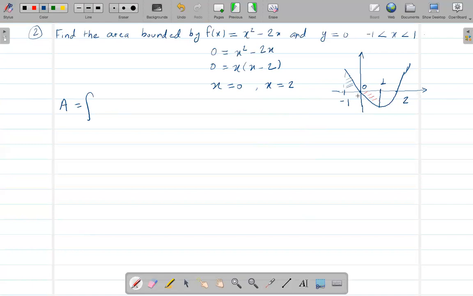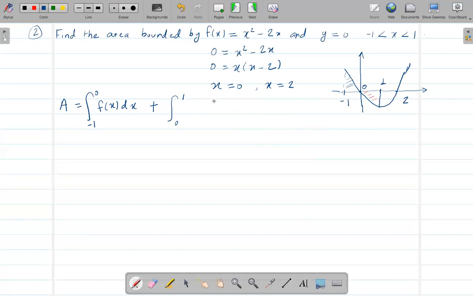So the first one will be from -1 to 0 of f of x dx, right? Plus another one will be from 0 to 1.